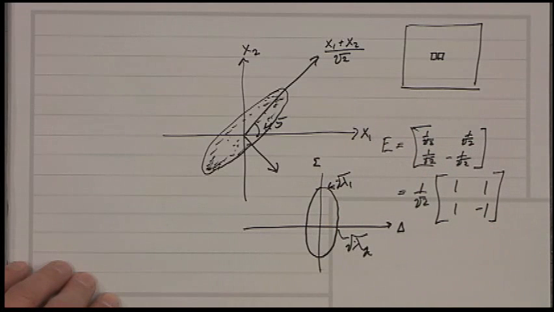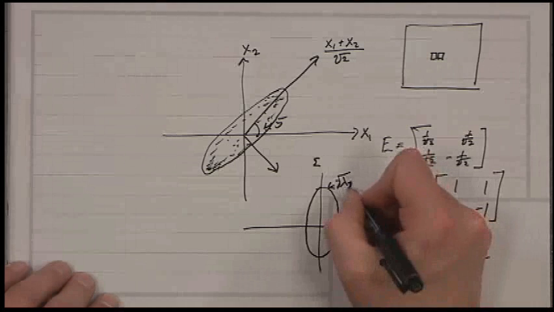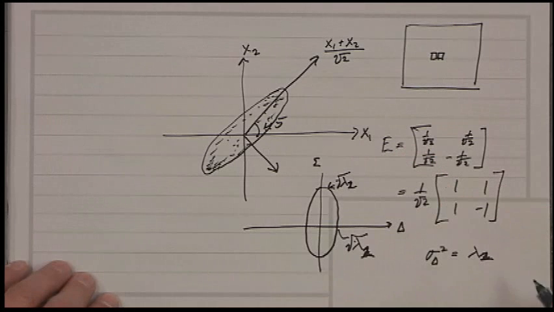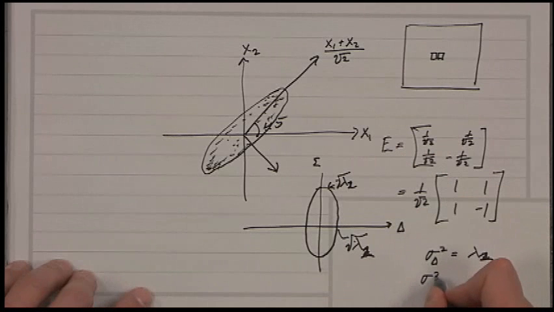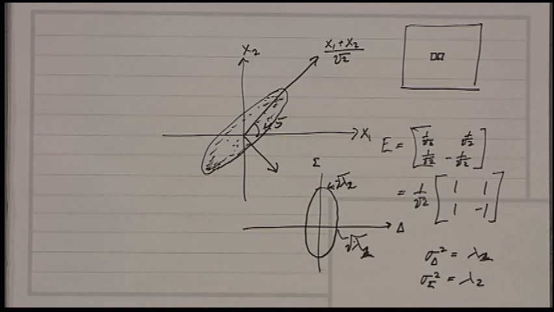So sigma squared of the difference is equal to lambda 1, and sigma squared of the sum is equal to lambda 2. So this is the variance of the sum and the difference of the pixels. But now these are decorrelated.